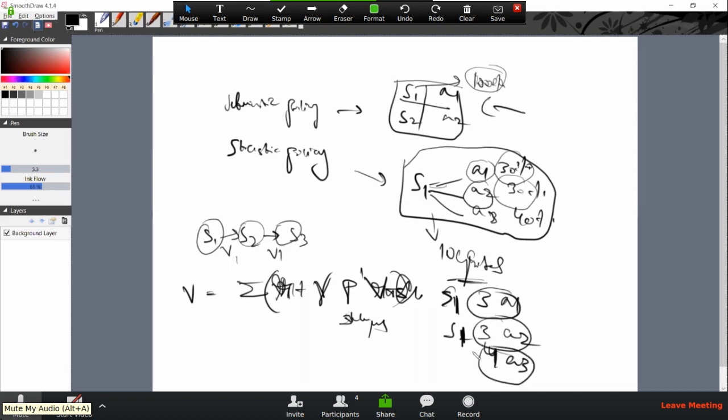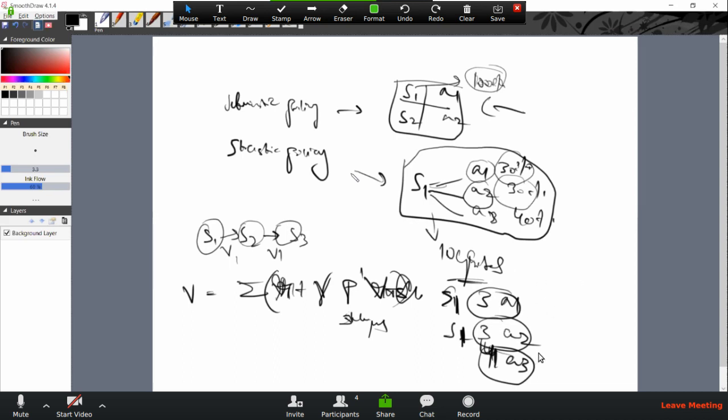Also, if the reward is stochastic, then obviously the actions you choose should also be stochastic, and there are many other reasons why we choose the stochastic policy.